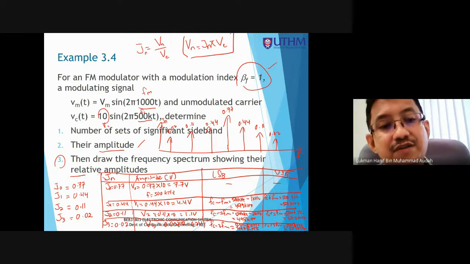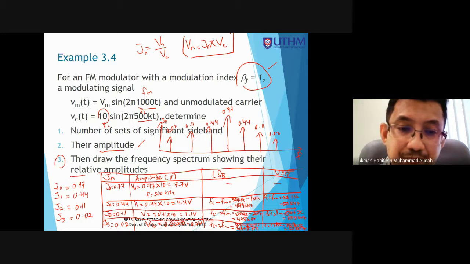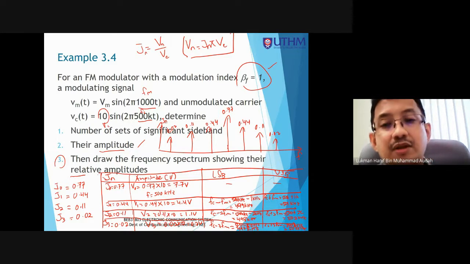So this is if we plot relative amplitude versus frequency. Okay. So maknanya Jn versus F.